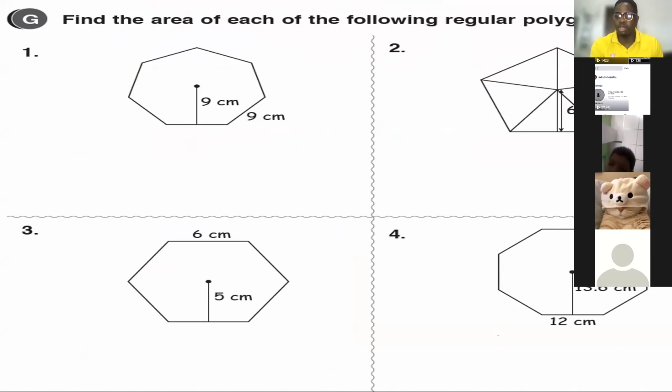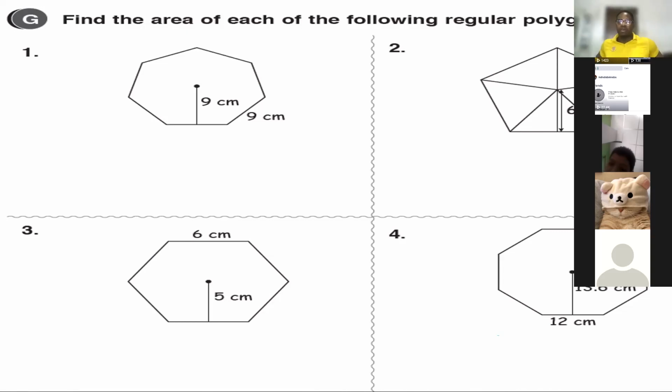So let's go to the first one here. Mr. Incy will tell me how to do the first one. Activity G number 1. What to do? Find the area of each of the following regular polygons. Incy, what do you do?